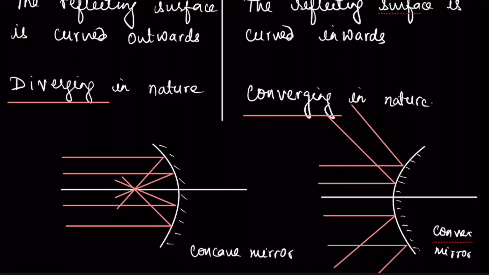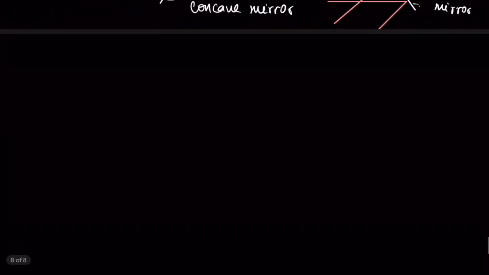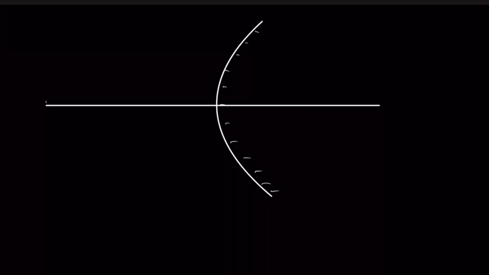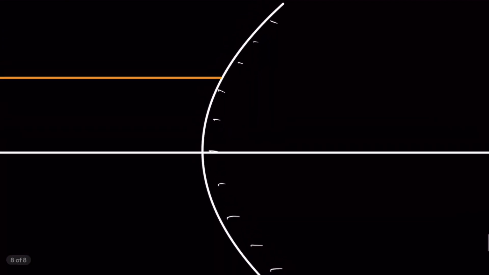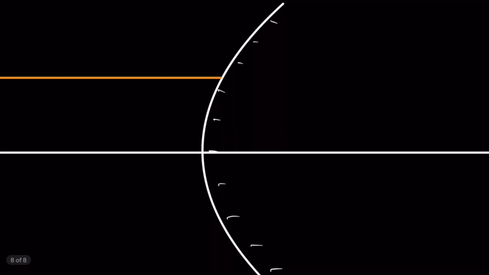One more thing I want to explain is how these converging and diverging rays are formed. Okay, so let's look into it. Let's take an example for a convex mirror. Here, if we take the incident ray, what will happen if I zoom it? The normal will form in this direction.